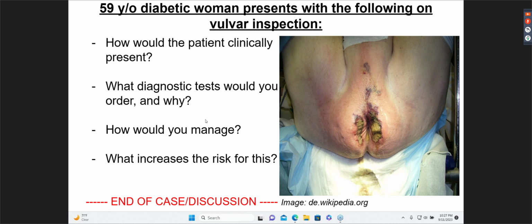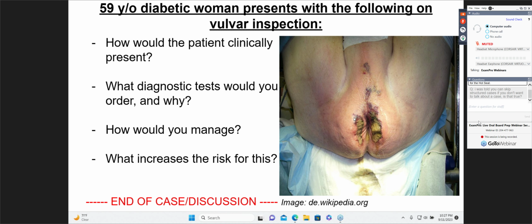Don't know what to tell you there, Ashley. So any other questions? Because whatever's going on doesn't look pretty. So you're going to get a fistula to your gluteal area? Wow. Have you seen that a lot, Ashley, if you're saying it's a fistula?